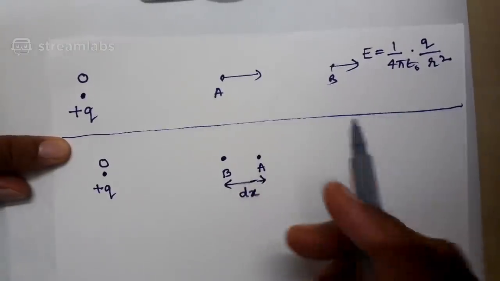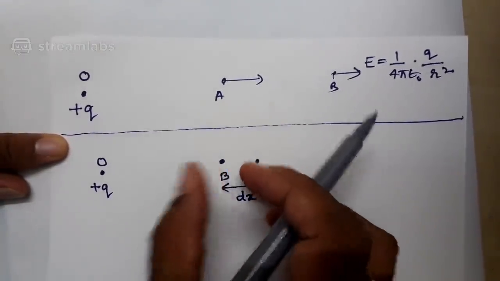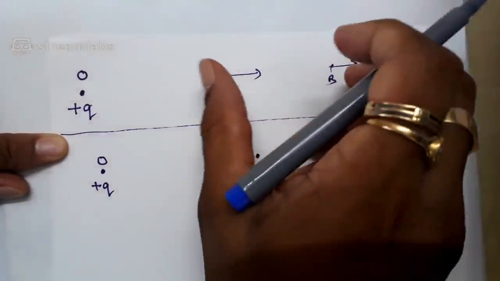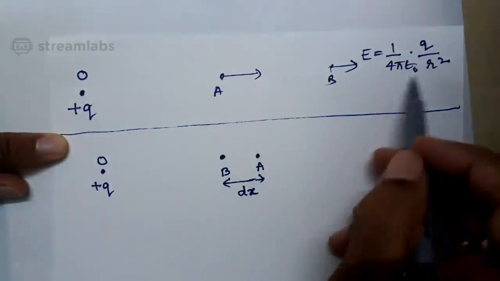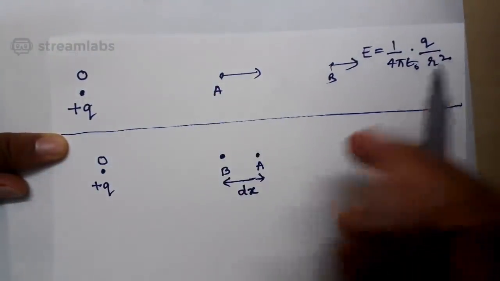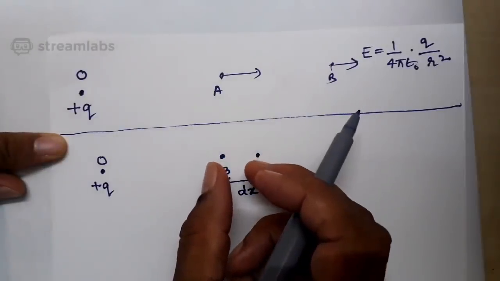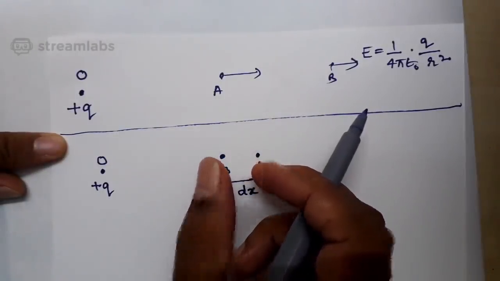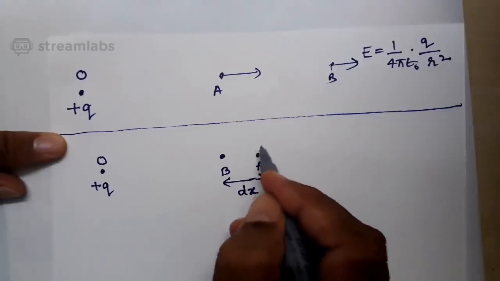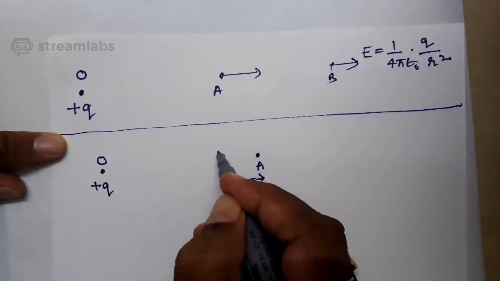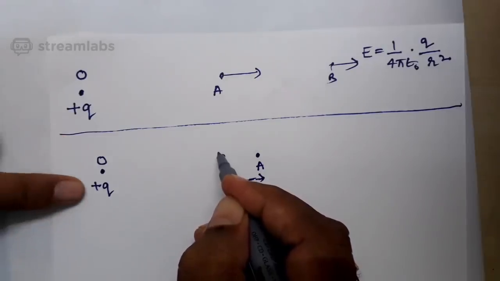I can say nearly the same, because A and B are very close, not like the previous diagram, where A and B are well apart and r makes a large difference. But here the separation between A and B is so small that plus 1 coulomb assumed at A or at B will experience the same amount of electrostatic force by a plus Q charge.